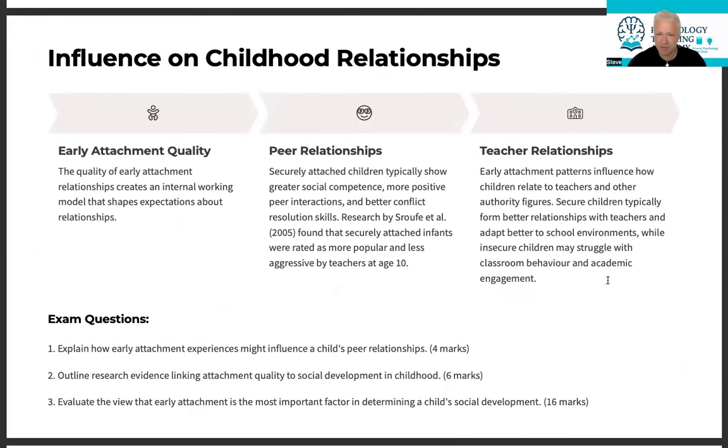Teacher relationships. Early attachment patterns influence how children relate to teachers and other authority figures. If you're secure, type B, you typically form better relationships with teachers and adapt better to school environments. Insecure children may struggle with classroom behaviour and academic engagement.